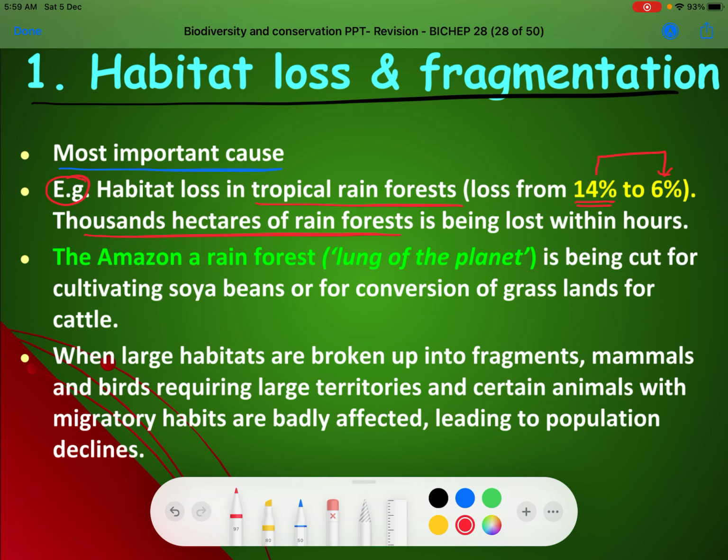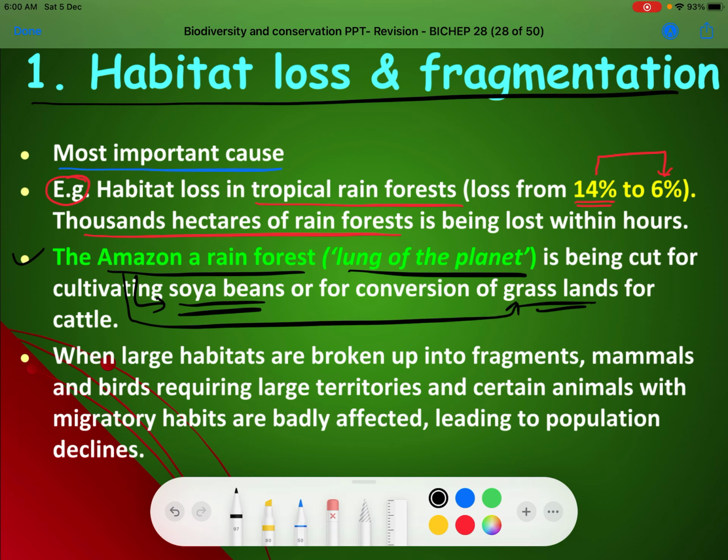The best example is the Amazonian rainforest, called the lung of the planet, which is being cut for cultivation: number 1, soybeans, and number 2, conversion to grasslands so that cattle can feed. These are the two reasons why we are cutting down the Amazonian rainforests.